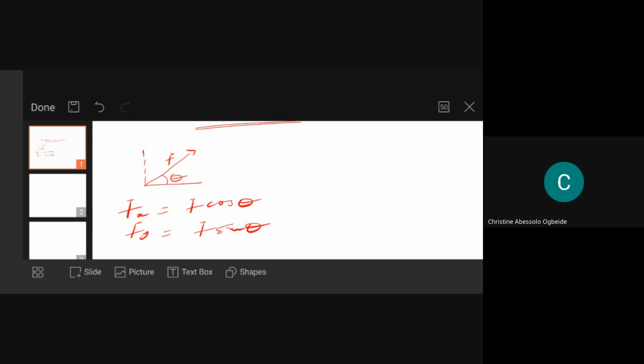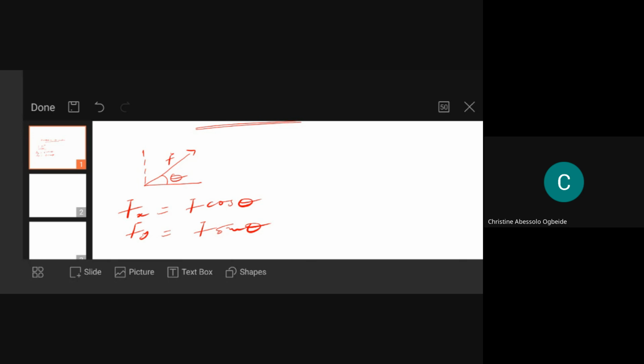So you must ensure that the angle given to you is inclined to the horizontal, made with the x-plane, the horizontal line. fx means the horizontal component of the vector. fy means the vertical component of the vector. So if the angle is inclined to the horizontal, my fx simply becomes f multiplied by the cosine of the angle, and the vertical component fy becomes f multiplied by the sine of that angle.